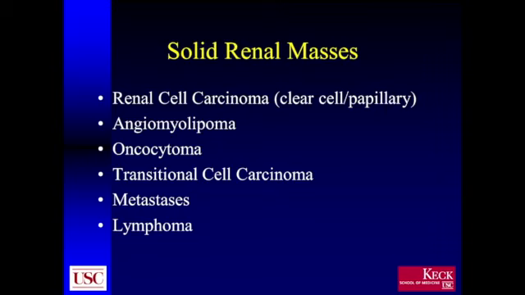Remember, metastases may affect the kidneys. This is unusual. Typically, it occurs late. And of course, it's the blood-borne metastases which will most commonly go to the kidney. Finally, lymphoma, both primary and more commonly secondary or metastatic spread of lymphoma, may also affect the kidneys as well.